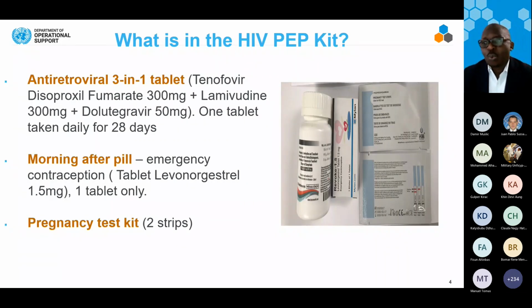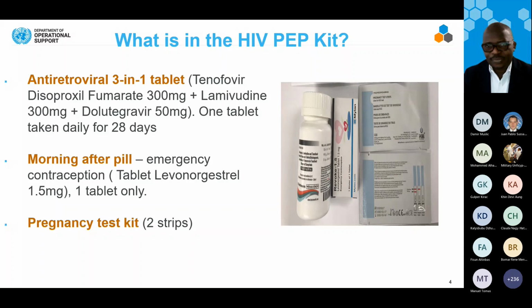So what is in the current HIV PEP kit that we are sending to duty stations globally? The current kit that we dispatched from late last year up to early this year has the antiretroviral medications, the morning after pill, and the pregnancy test kits. The current antiretroviral medication in this kit is a 3-in-1 tablet.